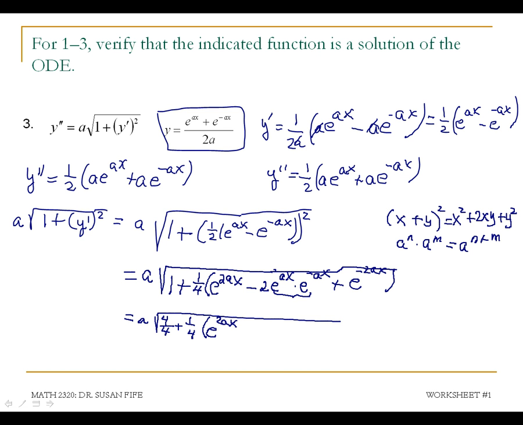If you're multiplying and you have the same base, you add the exponents. Here I have the same base, e, in both cases. When you add the exponents, it gives you e to the 0 power, and anything to the 0 power is 1. So this second term becomes negative 2 times 1, or just negative 2. And then I have plus e to the negative 2ax.